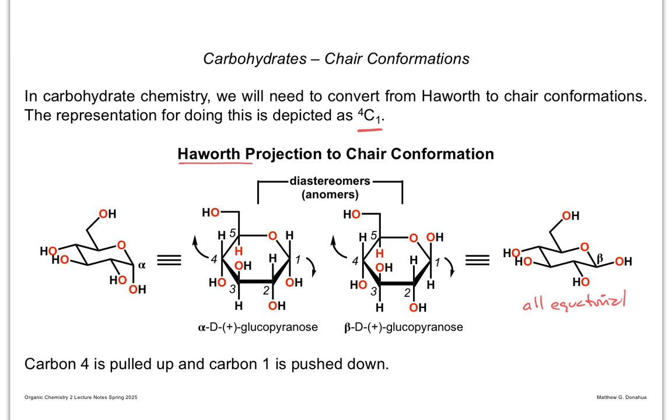So that alpha carbon is not locked into an axial OH group. So remember in the Fischer projection, we said glucose was right, left, right, right. In the chair, everything's equatorial. So that's the easy stuff to remember.